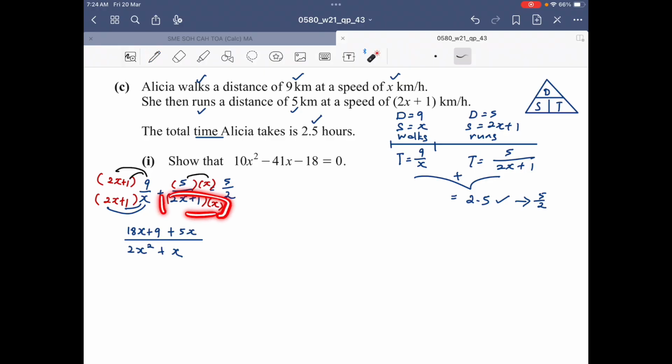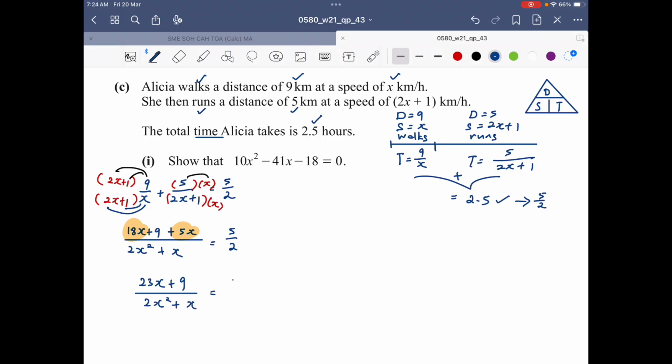Right, they're having the same denominator. Then, on the right hand side, 5 over 2. Okay, before we continue, let's collect the like terms. So 23x plus 9 over 2x squared plus x is the same as 5 over 2.